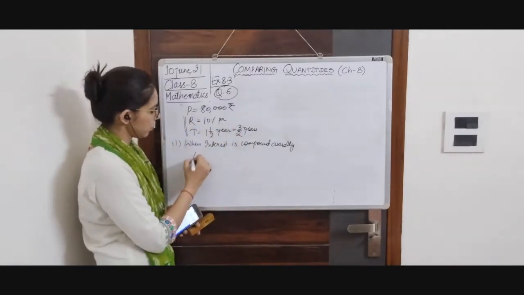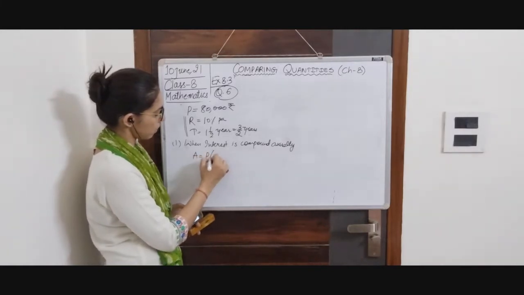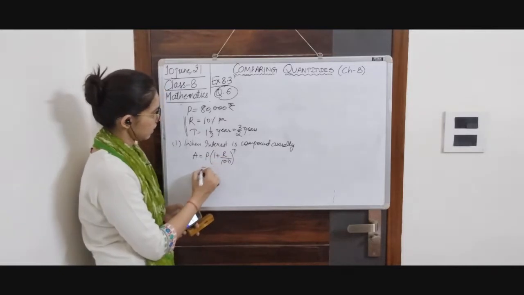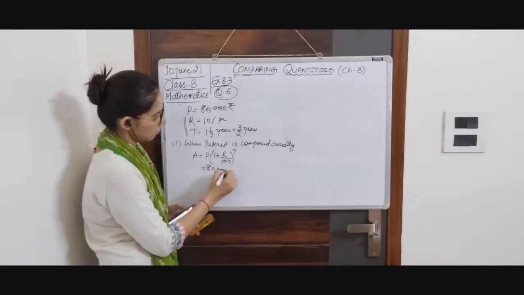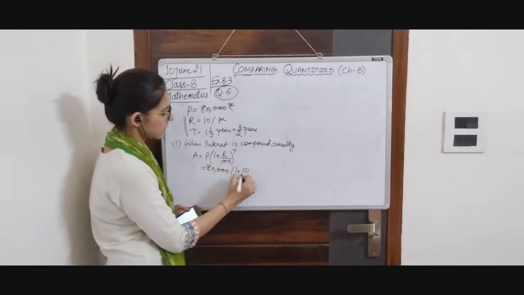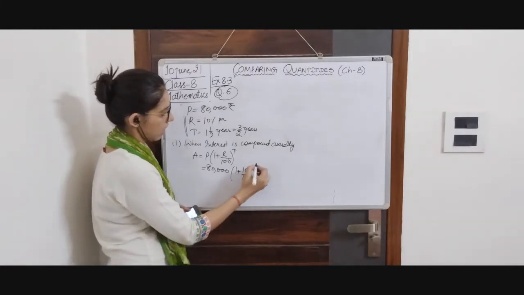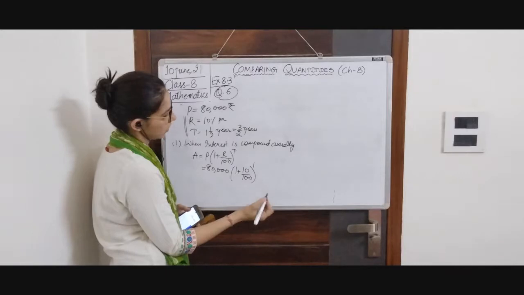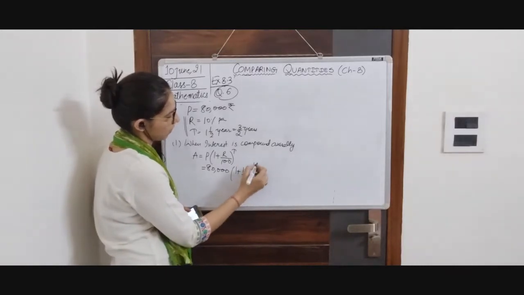So we will simply write the formula for amount and put the values for P, R and T. It will be 80,000 into 1 plus 10 by 100, to the power 3/2.